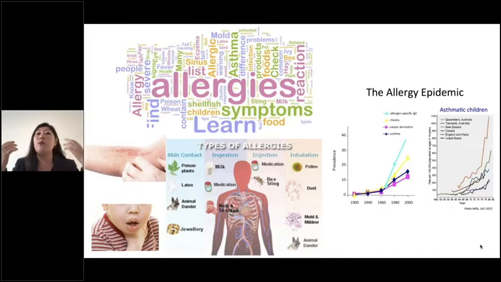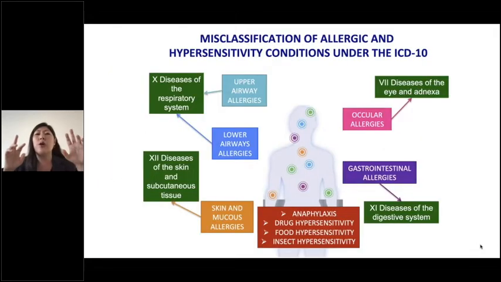So now I would like to invite you to have a look, in the next slide, at what's going on related to the classification of allergic and hypersensitive conditions in the ICD-10. As mentioned by Pascal in the previous presentation, most of the conditions related to allergies have been classified in chapters which address specific topographies. For example, we have upper and lower airways in chapter 10 and so on.